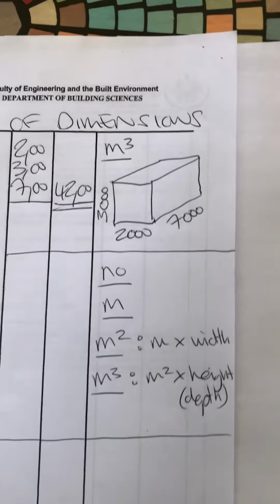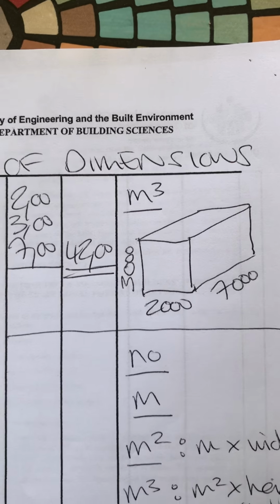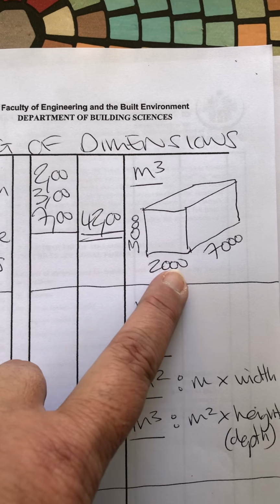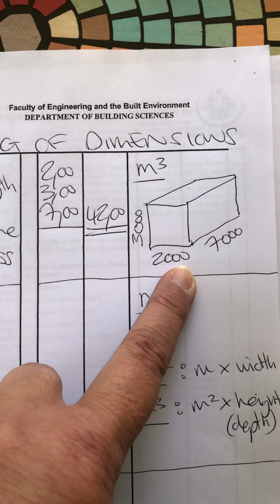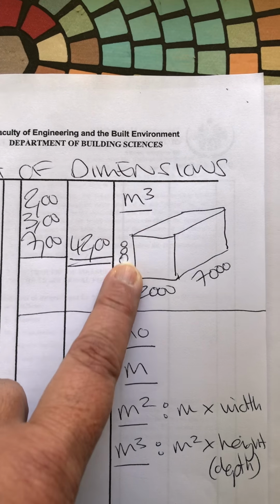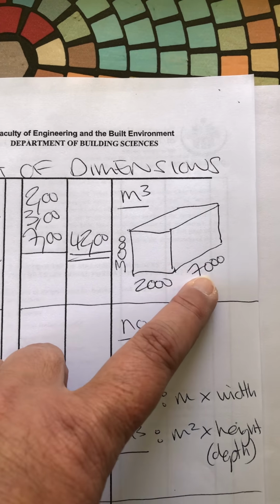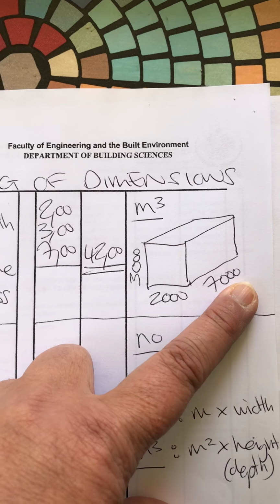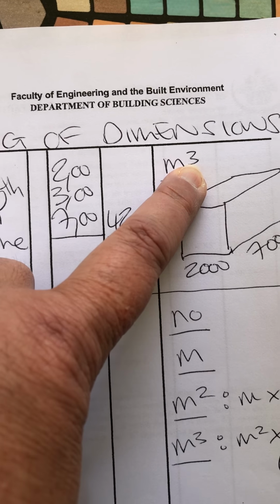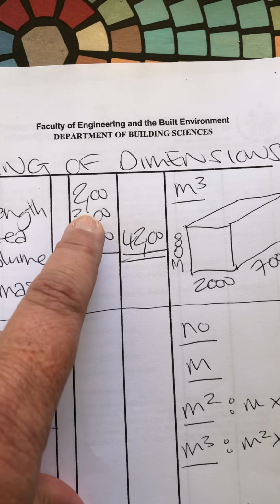Let's continue for the cubic meter dimension. Here I've got a block. Again, it's got a 2000 millimeter dimension horizontal, 3000 vertical, and in the third dimension 7000. So I need 3 dimensions before I'm going to have my equal sign.